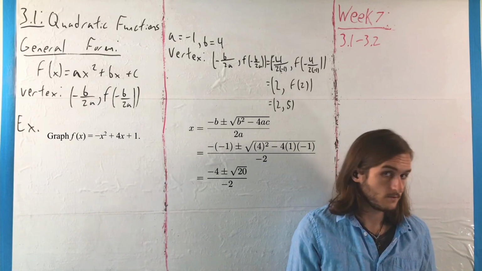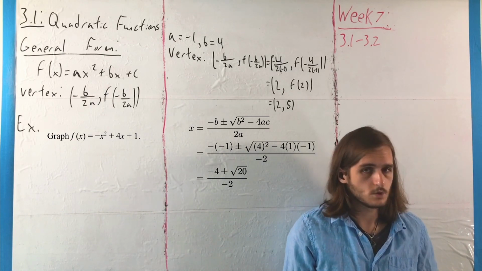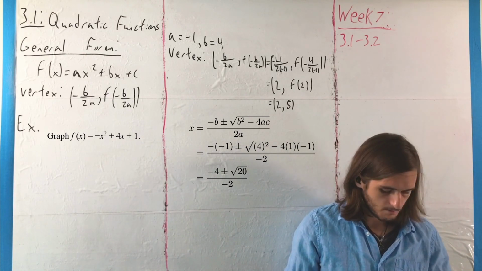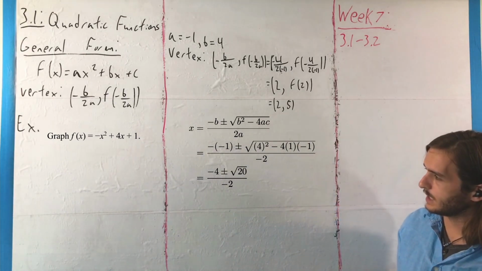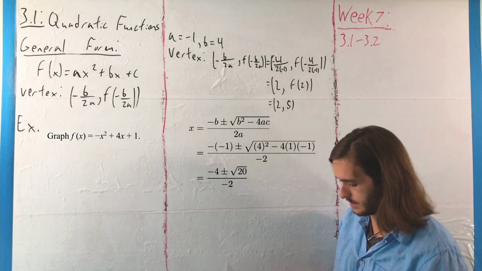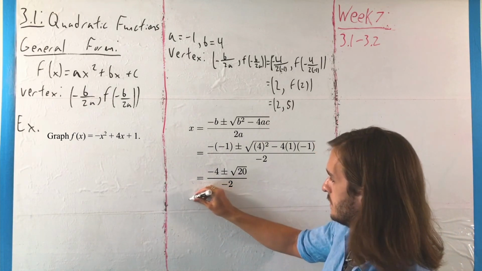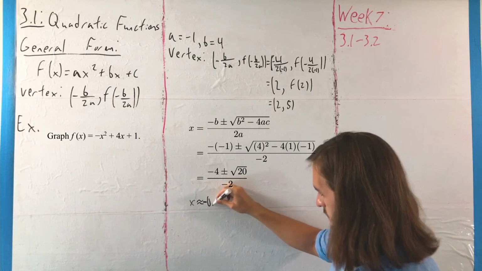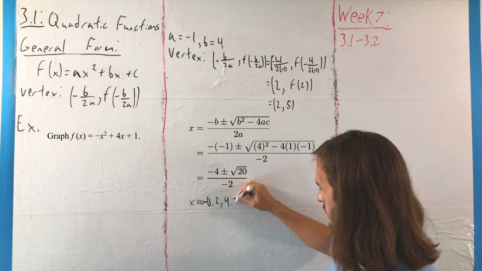You can simplify that down if you really want to 2 plus or minus the square root of 5. But most usefully, we would get from this that x is approximately negative 0.2 and 4.2.